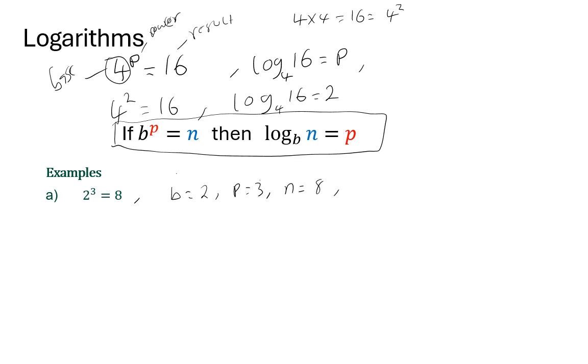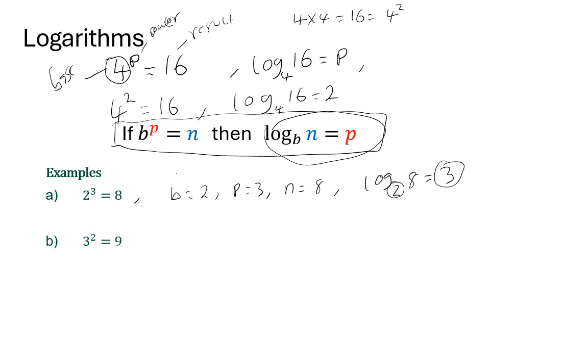So the log form is log of n, 8, with base 2 equal to 3. This means 2 raised to the power of 3 will give you 8.